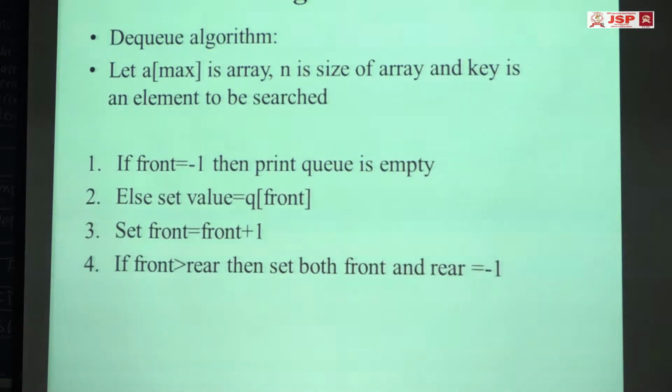The algorithm for dequeue is, in this case, if front is equal to minus 1, which means no element is present in the queue, the queue will be displayed as empty, because if the queue is empty, we cannot dequeue an element from it. Otherwise, the value is set equal to queue[front], and front will be incremented by 1, because whenever we are deleting an element from a queue, front should be incremented by 1.